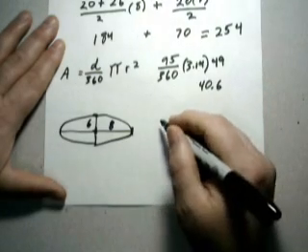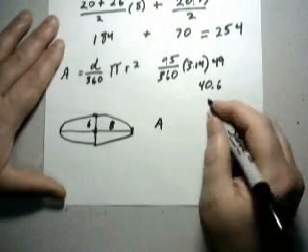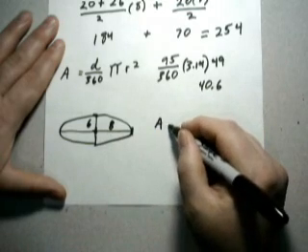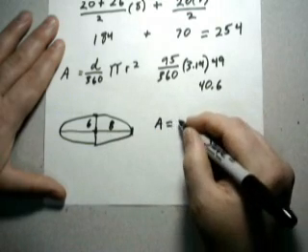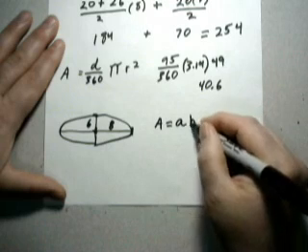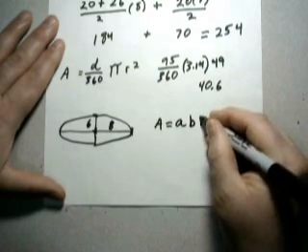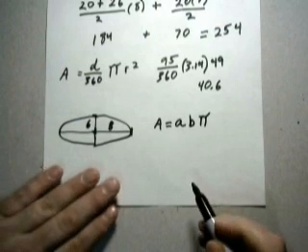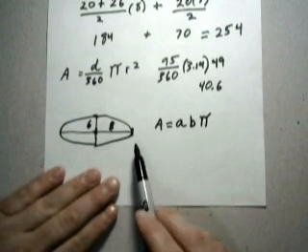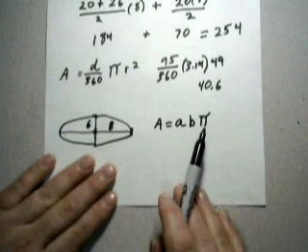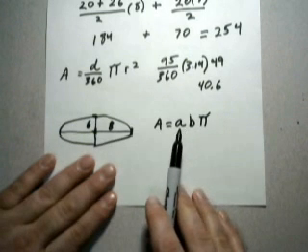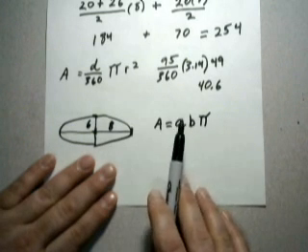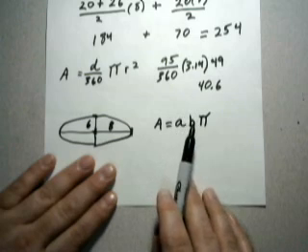Okay, and then the area of this would be equal to A times B times pi. Remember how close this is to a circle. Remember, in a circle, the major and the minor axis are the same, and half of each of those is the radius, so that would be the radius squared, or the radius times the radius.